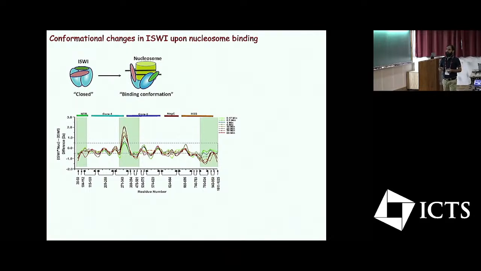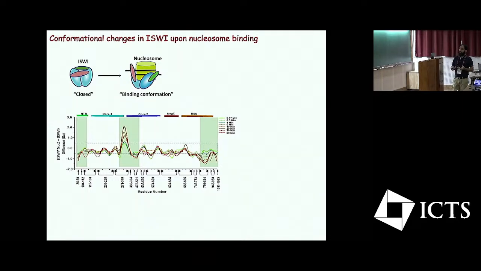Anything outside of this dashed rectangular box means there is a significant change. You see many regions with lower uptake of deuterium in the bound state, because when the nucleosome binds, it shields the surfaces and doesn't allow exchange, except for one of the helices, which is here and shows an increase in exchange.